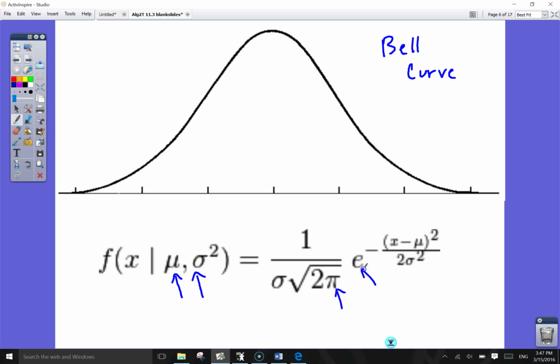It's got e in it, the base of a natural logarithm. It's an exponential function. It's e to the negative something, right? It's not exponential growth or decay, but all exponential functions are not necessarily growth or decay. So this is an exponential function, a Gaussian function, and it makes this curve right here.